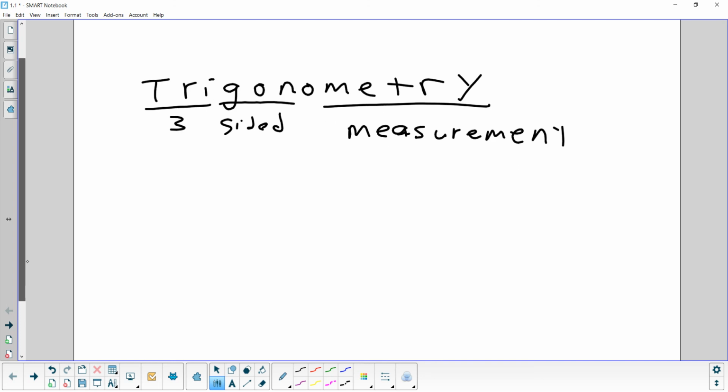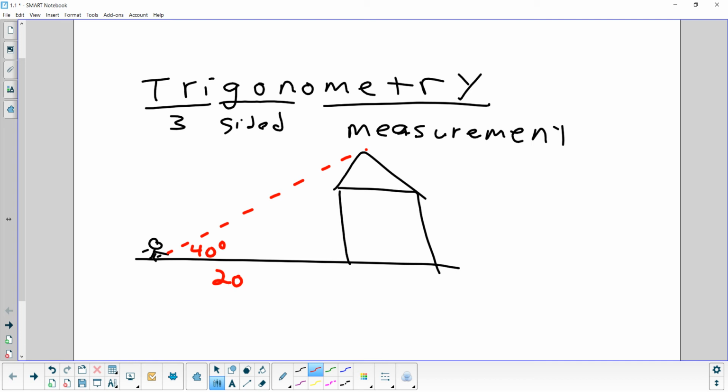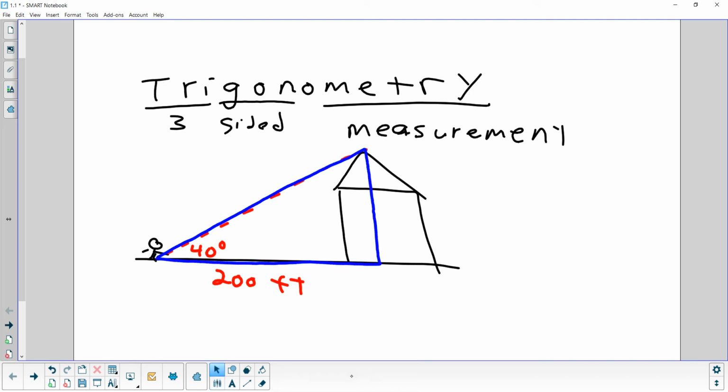Like if you had the ground and a building and somebody over here, and let's say that they measured an angle to the top of that roof to be 40 degrees, and they knew they were standing 200 feet away from the building. How tall is the building? Well, basically that involves measuring a triangle. Just like that.